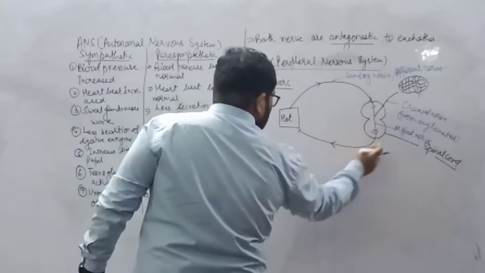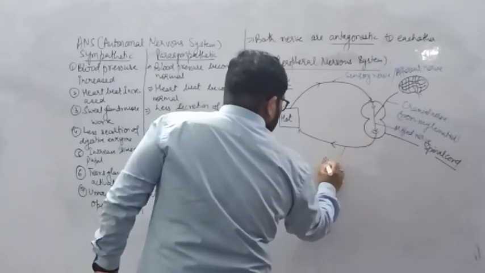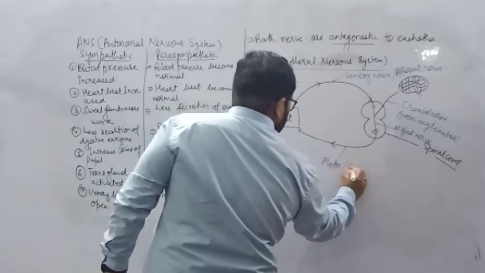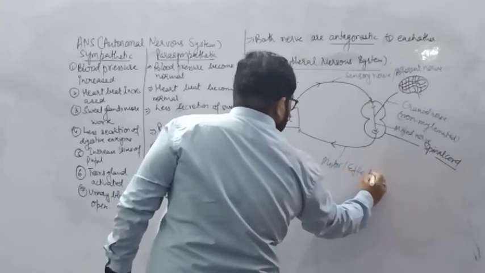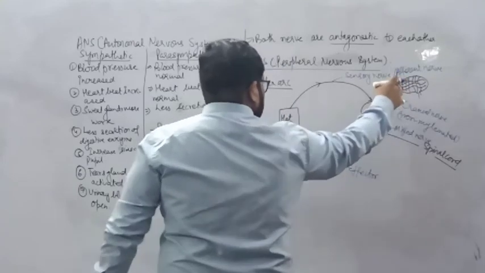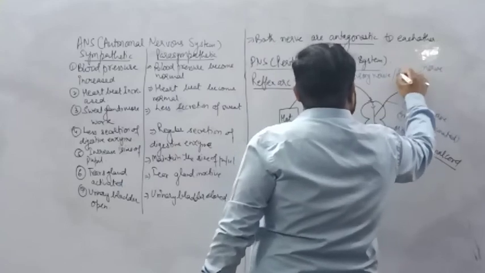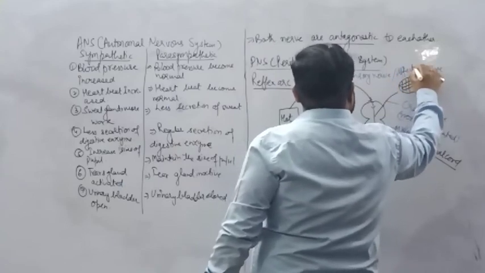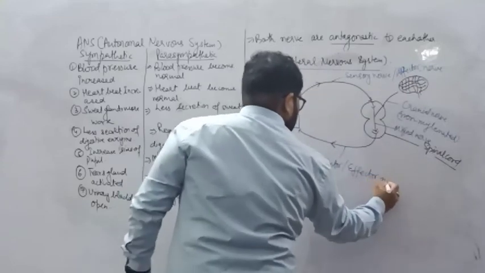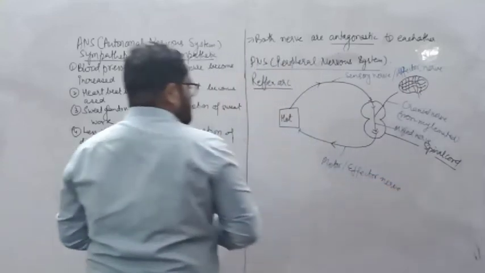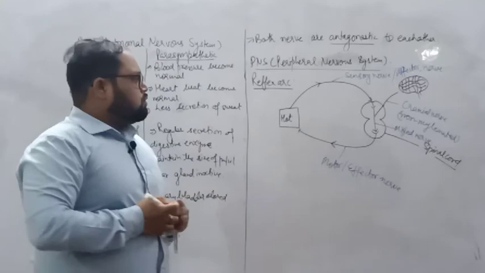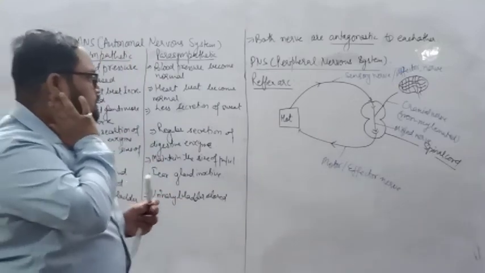The mixed nerve, this nerve is called motor or effector nerve. Effector nerve. Okay, so these are some points. It is very simple.